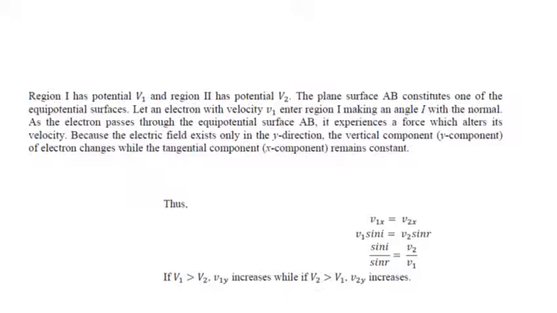So whenever an electron beam moves from the first to the second region, according to Bethe's law, there should be no change in the x component. There should be a change only in the y component, since we are saying the surfaces are equipotential. Equipotential means in the x direction the potential is the same, and the potential is varying only in the y direction. So v1x should be equal to v2x.